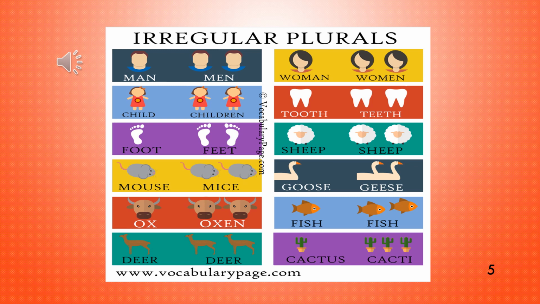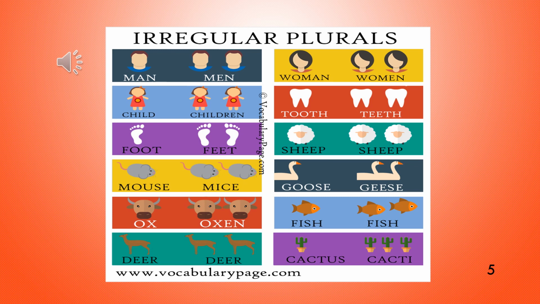Page number 5, irregular plurals. Here on this page, we are going to talk about irregular plurals. When we talk about plurals, we are talking about two or more nouns, two or more people, two or more things, two or more animals.